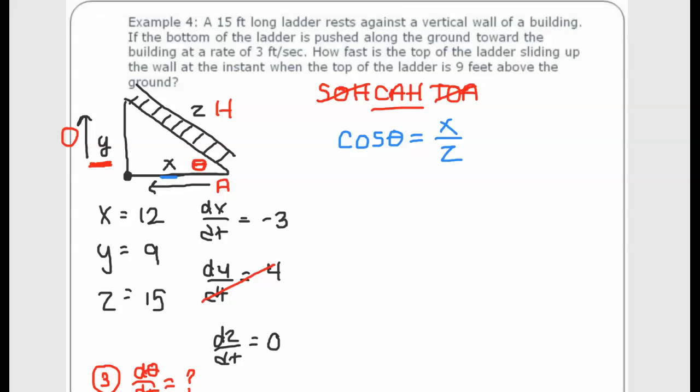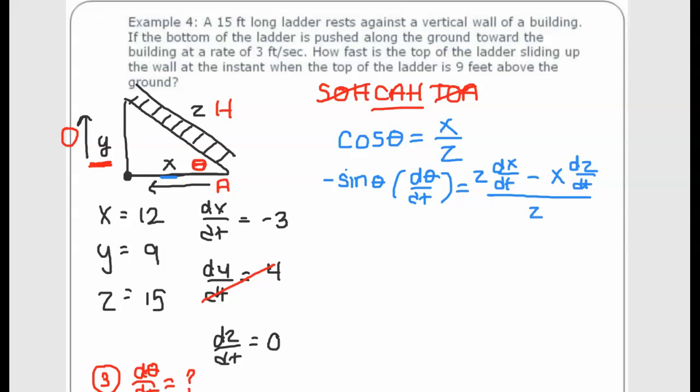So the derivative of cosine is negative sine theta d theta/dt. Hey, that's what I'm looking for. Equals the quotient of x over z. So that's whole... di... minus high do... all over ho.